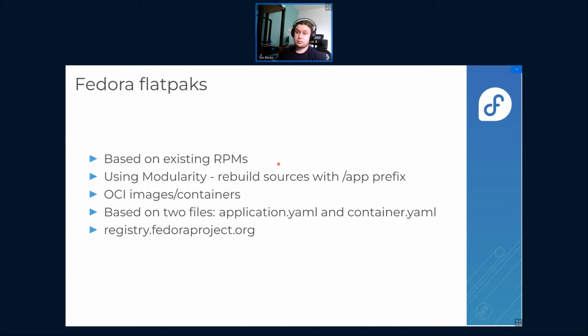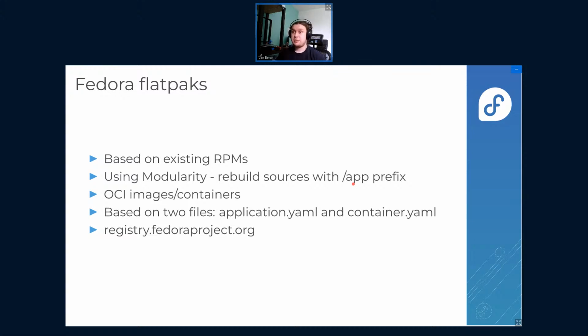So if you choose to convert your application from RPM to Flatpak, first you need to create a module, because we need to rebuild our RPMs with a different prefix /app, because that's the place where Flatpak applications will live. And we cannot just grab everything from /usr and move it to /app and expect everything will work. So we have to rebuild it.